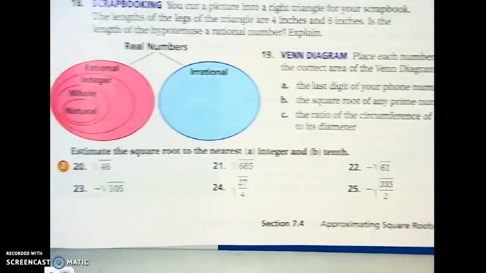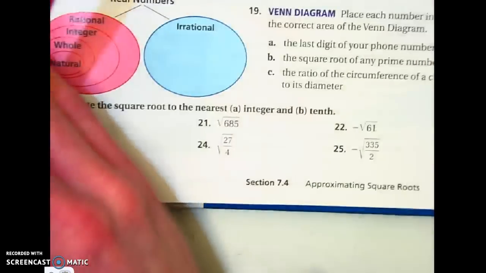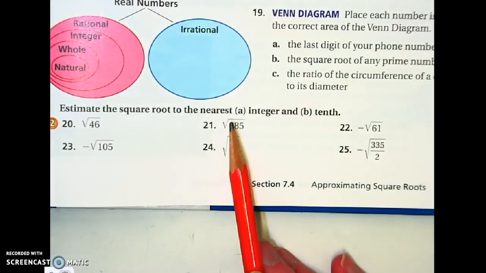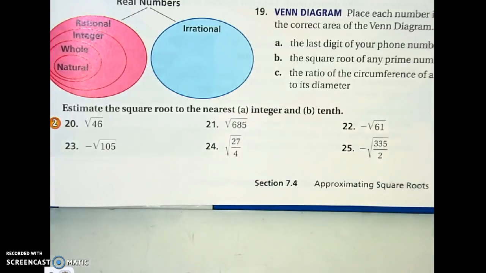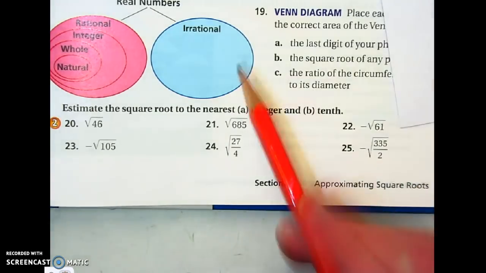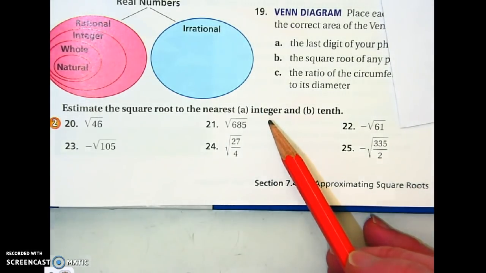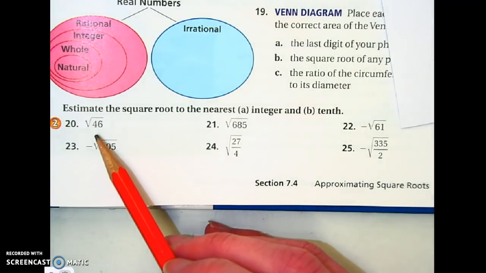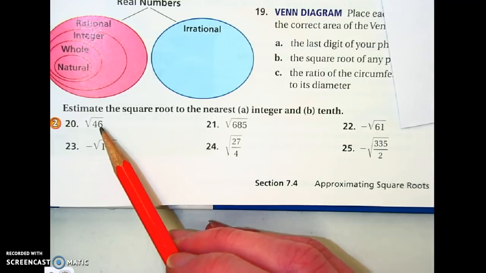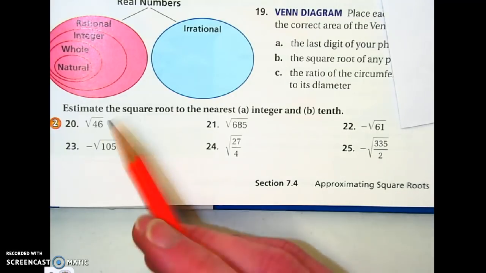It's going to ask you to estimate the square root to the nearest integer and tenth. So the integer is easy. You can estimate it to the nearest integer by just seeing what it is. This one is the square root of 46. Well, we know the square root of 49 is 7.